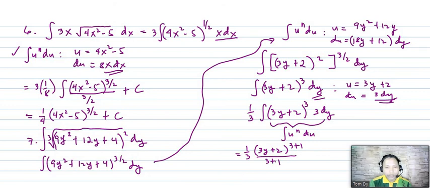So you have here 4 times 3, that is 12, of course, plus c. So our final answer is 1 over 12 times 3y plus 2 raised to 4 plus c. That is our final answer for this particular problem.